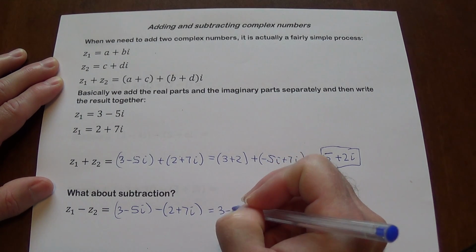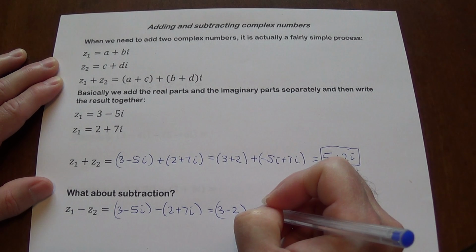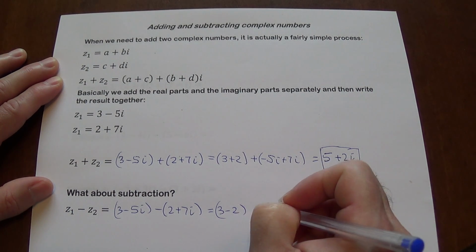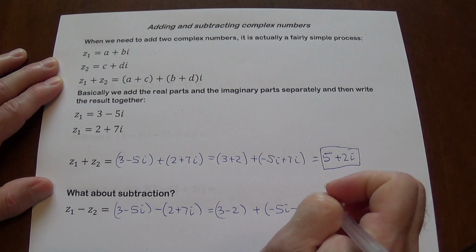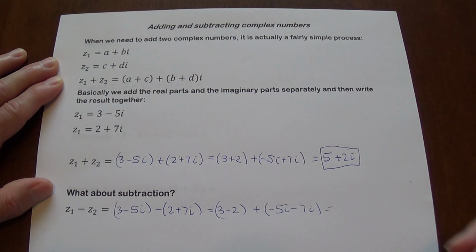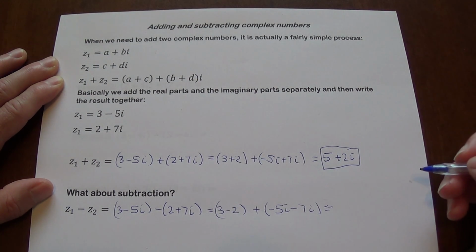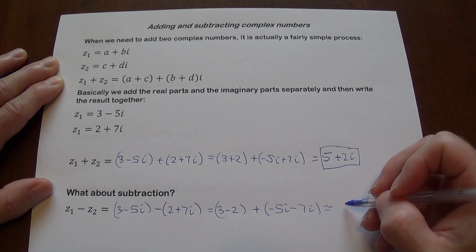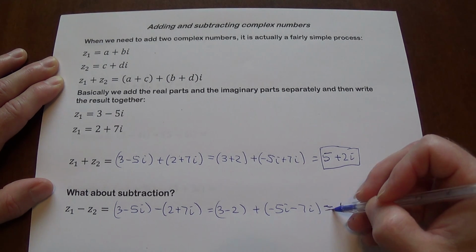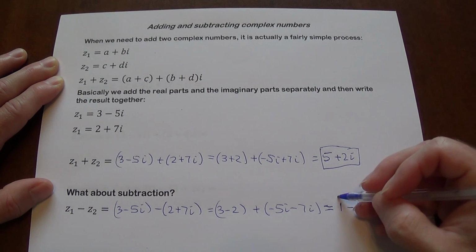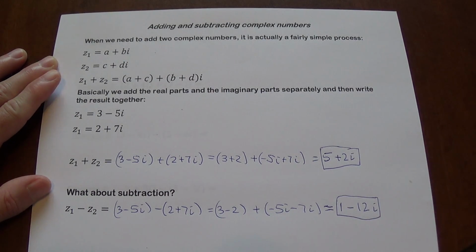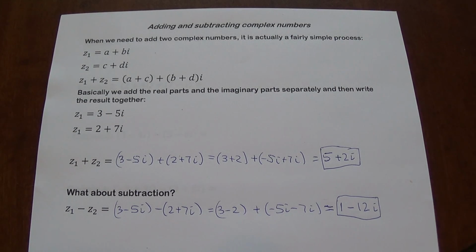So it's 3 minus 2, plus, we're going to do negative 5i minus 7i. Correct. And that will give us 3 minus 2 is 1, and that's going to give you minus 12i. That's all there is to it. Literally, it's that easy.